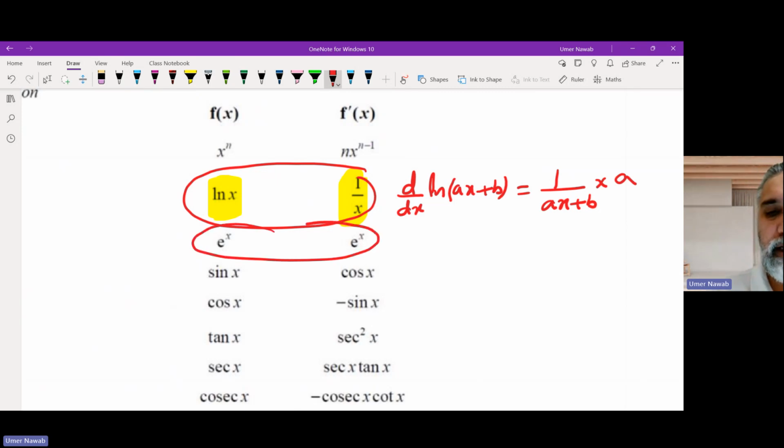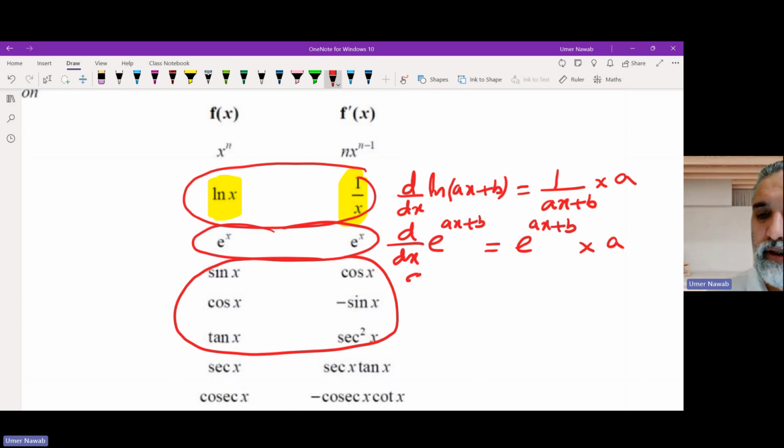Then we have exponential functions. So the derivative of an exponential function of ax plus b is the same, but you have to take the further derivative of ax plus b, which is a. Same thing for sine, cosine, and tan.